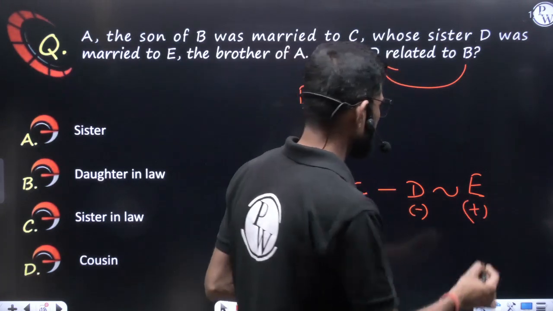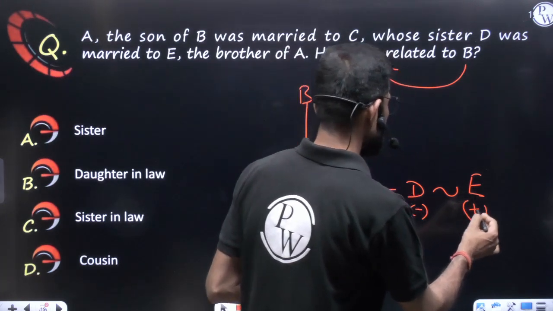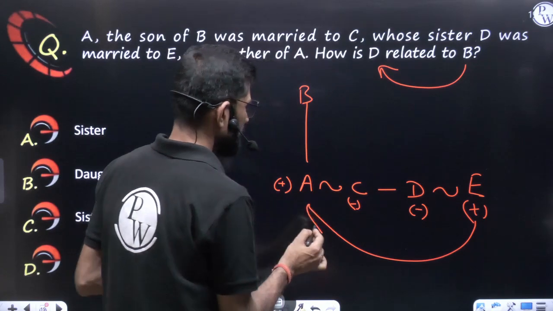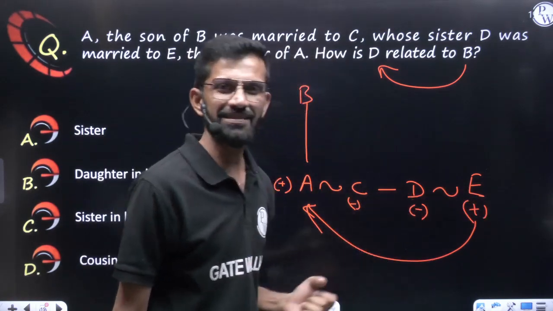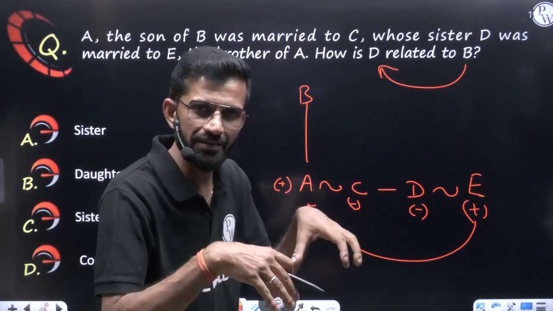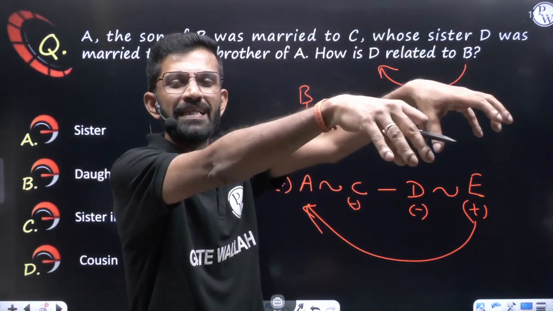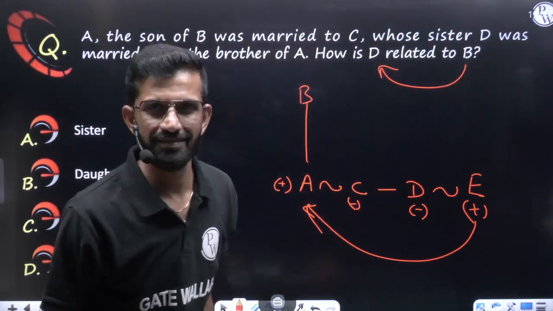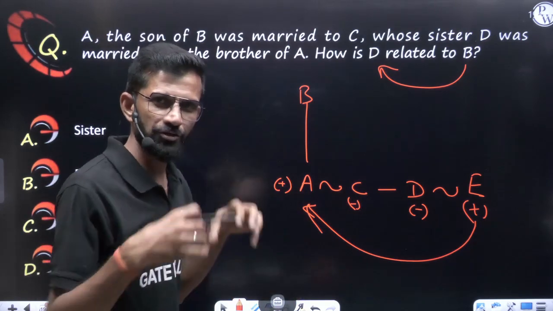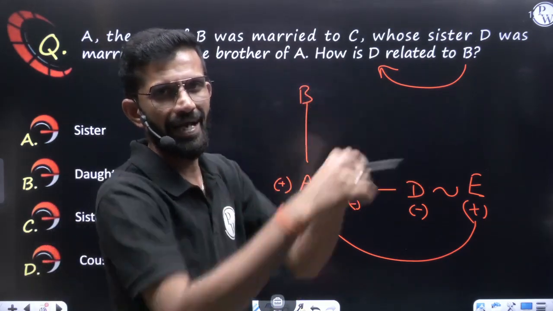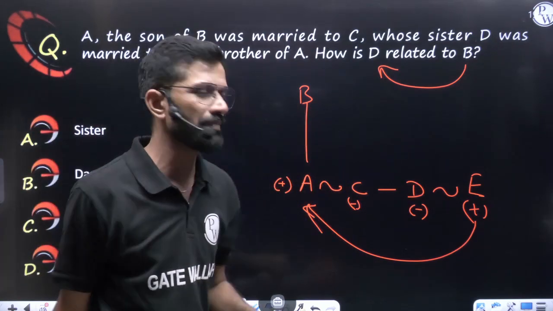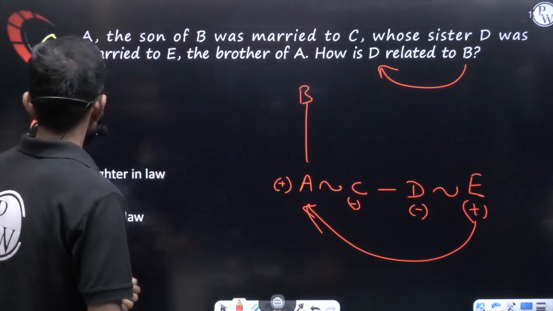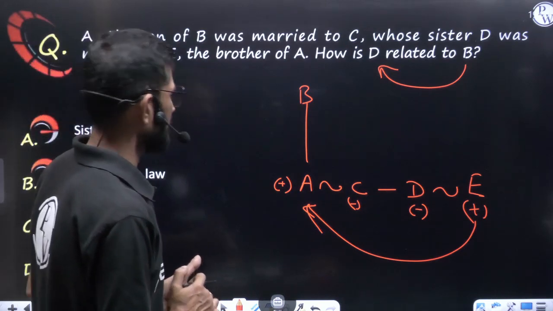Brother of A. E was brother for A. So you can say directly E and A are brothers, C and D are sisters. So two brothers married to their wives, and among them the wives were sisters. Now this side two brothers, that side two sisters, they got married. So two sisters on that side and their husbands, among them they were brothers. Now they are asking how is D related to B?